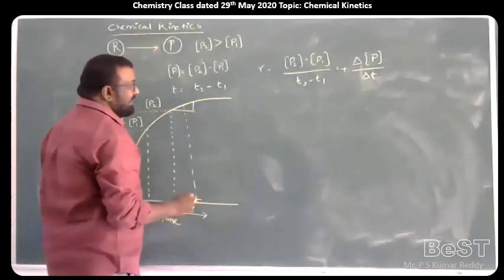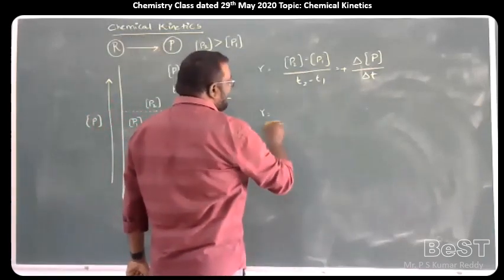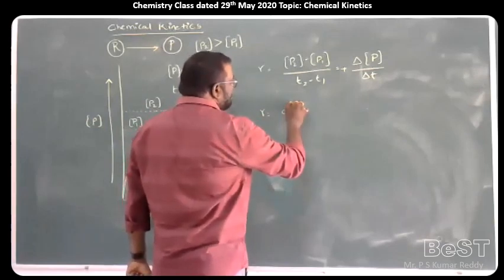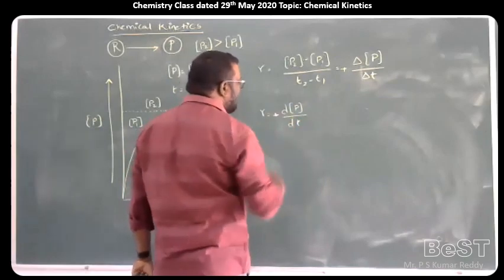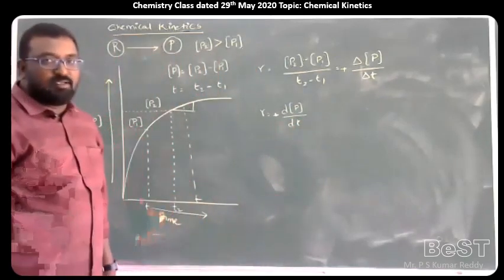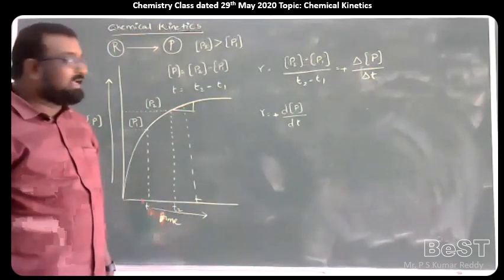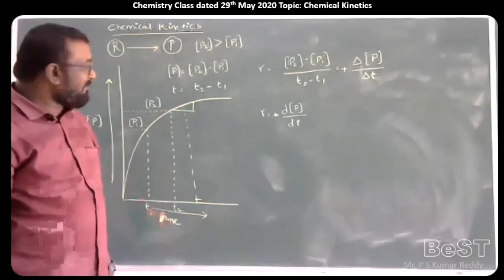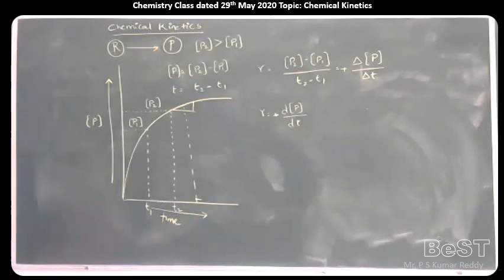Let us think that it is T. So here R is equal to dP by dt, or plus dP by dt, because dP is a small increase in concentration of products by dt, that is time taken. This is the graphical representation of the rate of reaction with respect to products.